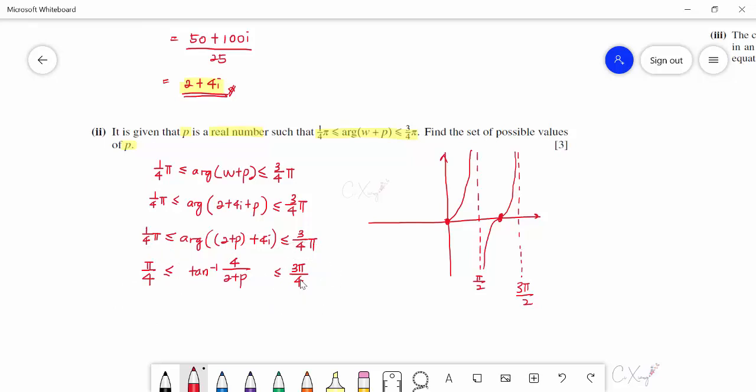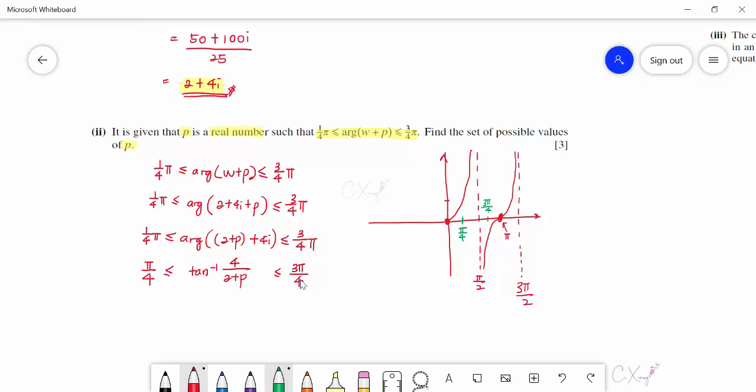So pi over 4 should be on the x-axis, somewhere here. Then this particular point is pi, so 3 pi over 4 will be somewhere here.